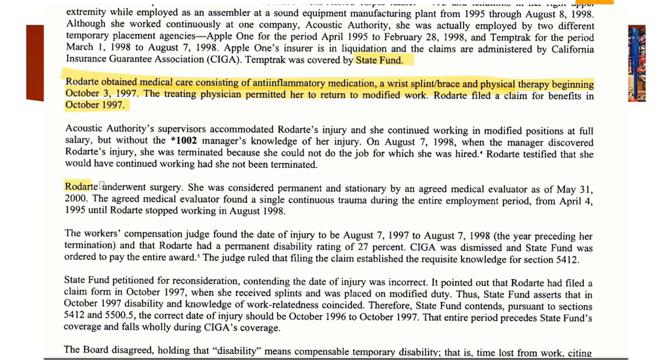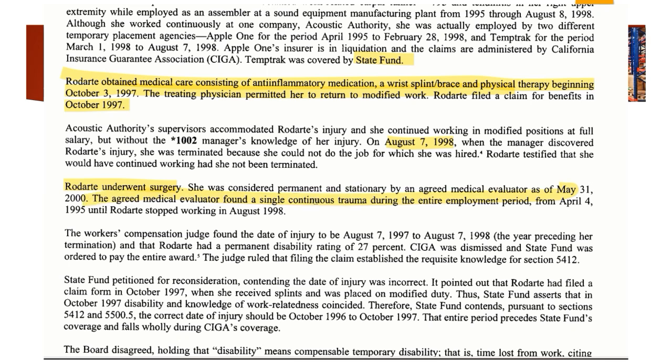Well, Ms. Rodarty underwent surgery. She was terminated on August 7, 1998. This is now into the period of liability of State Compensation Insurance Fund. She then underwent surgery. She saw the agreed medical evaluator on May 31st, 2000.